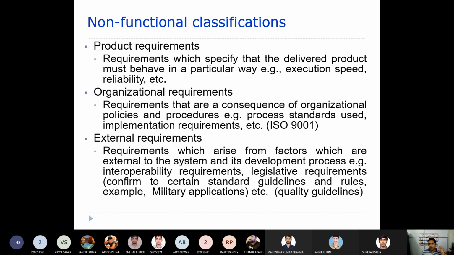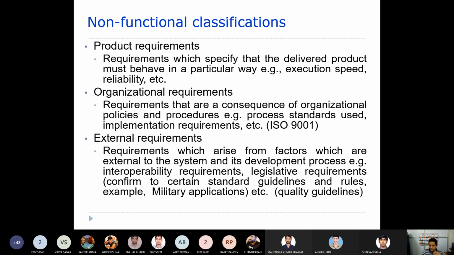Maybe the implementation follows some standards, maybe the implementation is done according to ISO standards. They are going to meet some standards, or within the organization you have some guidelines, and the question is whether the software is meeting those guidelines or not.